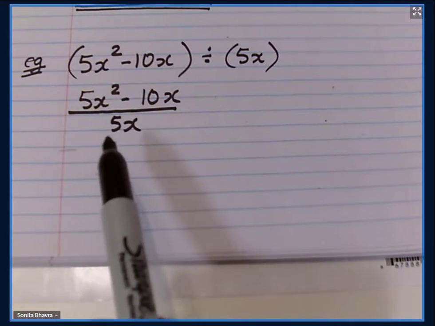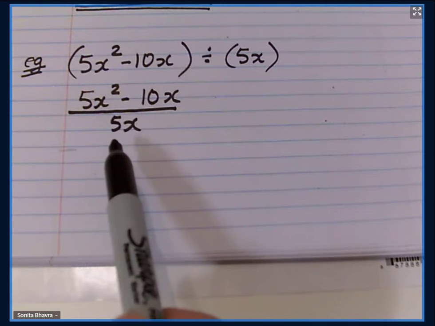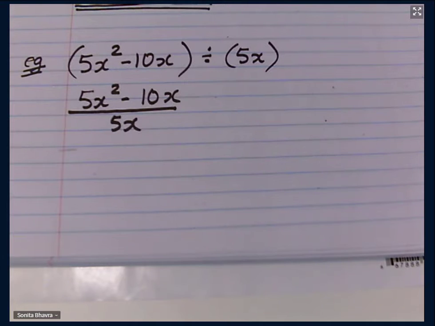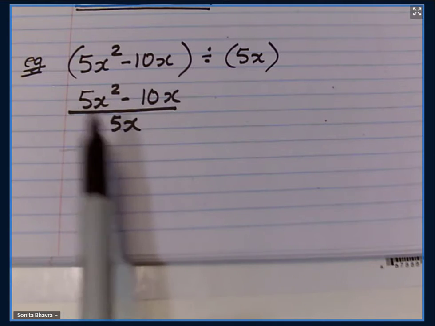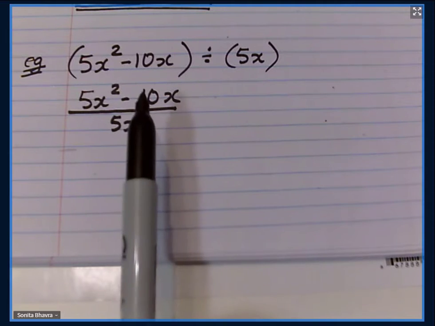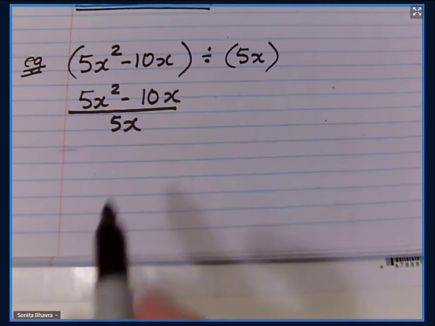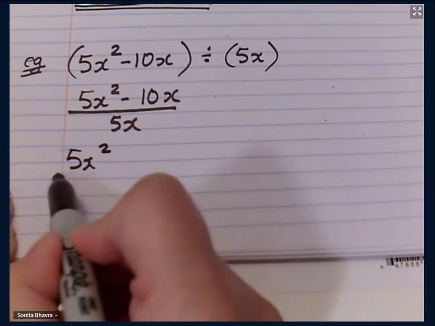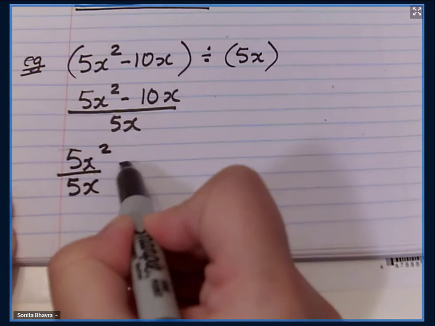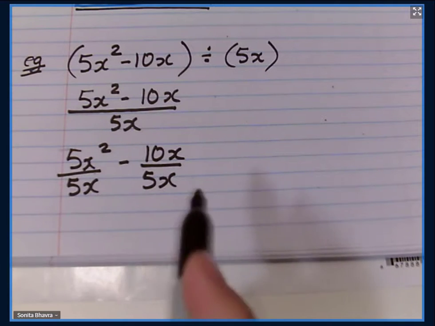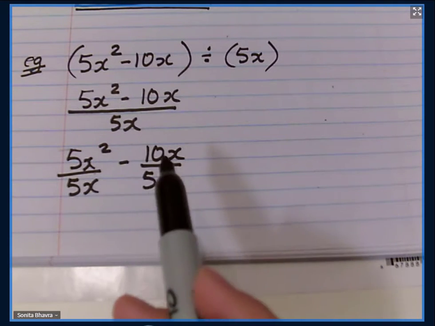Recall that each term will be divided by 5x. So the 5x squared has to be divided by 5x, and the negative 10x has to be divided by 5x. I do show that step to students, but you don't have to, but it does help to see that each term is being divided by 5x.